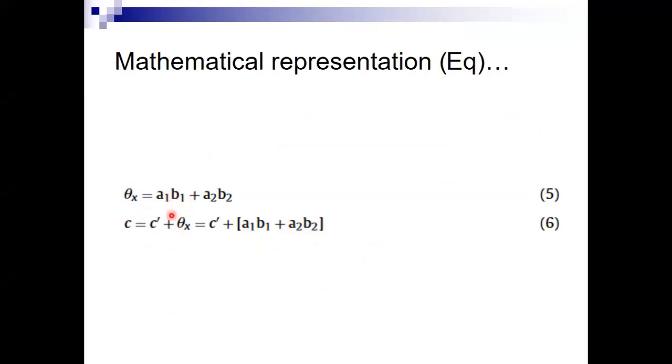That is A1 times B1. Those are the routes within that diagram. And then you have plus A2 B2. This represents the total indirect effects. The indirect effect for mediator 1, and this is the indirect effect for mediator 2. All right.